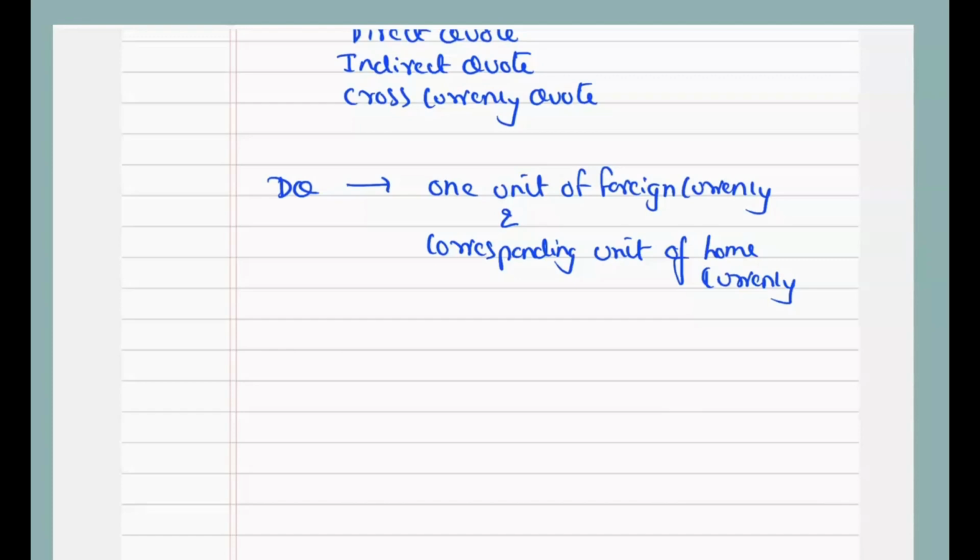If I take an example, $1 equals, say, assume rupees 40. Here you have one unit of foreign currency and the corresponding unit of home currency. Home currency means with respect to India. So we are in India, and with respect to India, it is a direct quote.